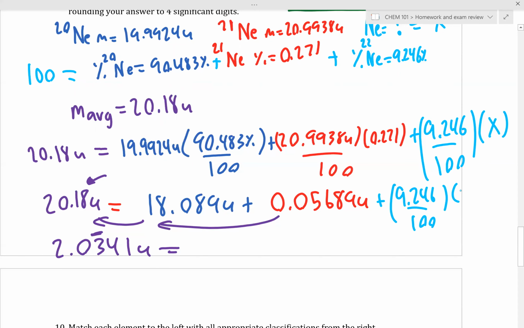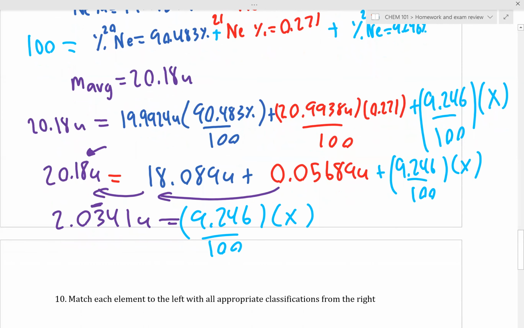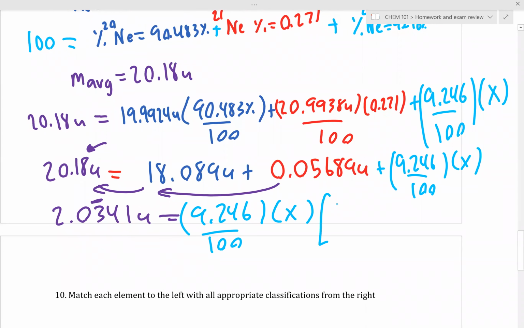Okay, now let's include our portion in blue. It was always present, but we weren't really focusing on it. Now that we have all of our constants on the left-hand side, can we solve for x from this point? Okay, perfect. So to solve for x, we're going to multiply by 100 over 9.246.